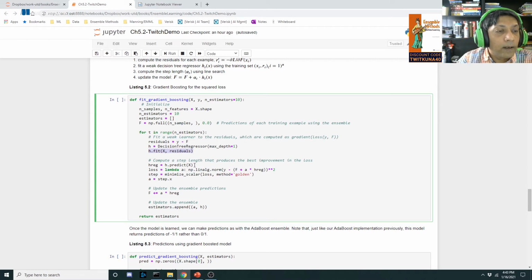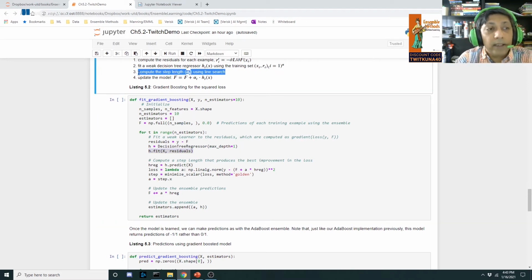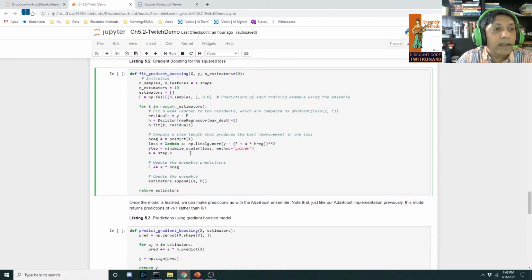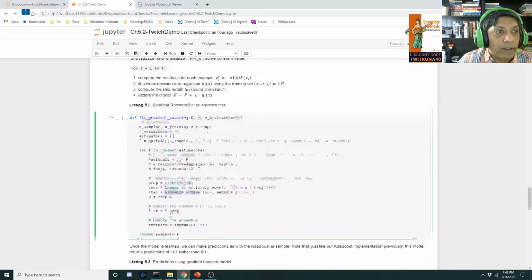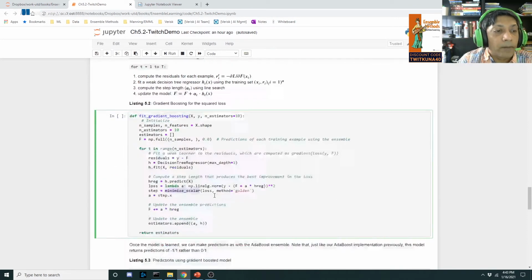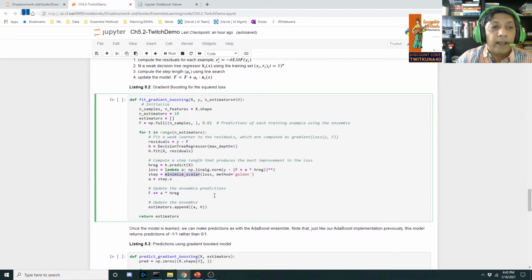Now that we've computed our weak learner, we want to put it into the ensemble, but in this implementation we explicitly compute the step length rather than use a learning rate, and that is done with the help of this function known as minimize scalar. Minimize scalar is a built-in function that we get from SciPy, and it basically allows us to do this exact line search.